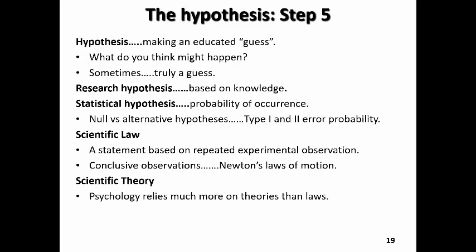And so a scientific theory could be plausible, but doesn't have the same foundation as a scientific law. So for example, psychology relies more on theories than on laws. But a scientific theory is a very well substantiated explanation of an event and is based upon a great deal of research and other forms of information.